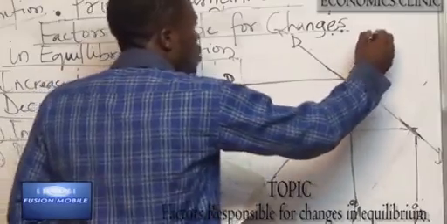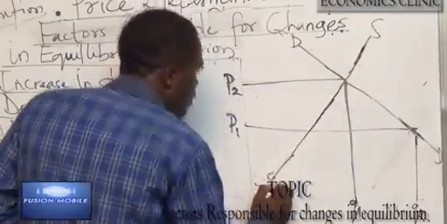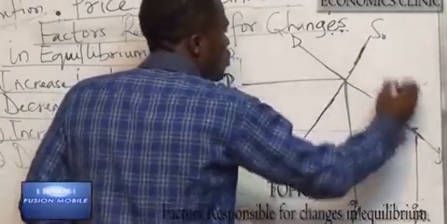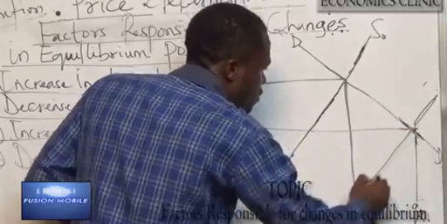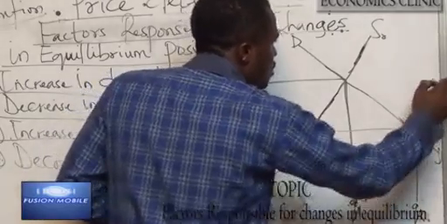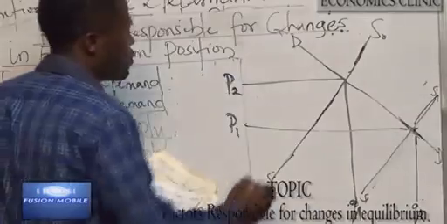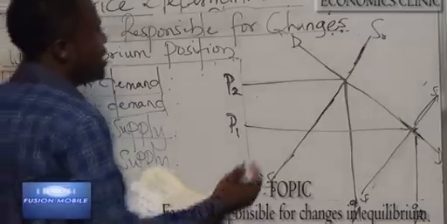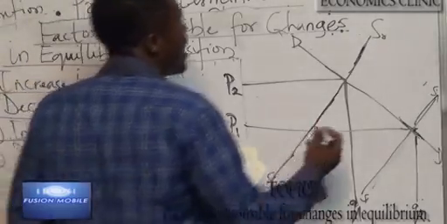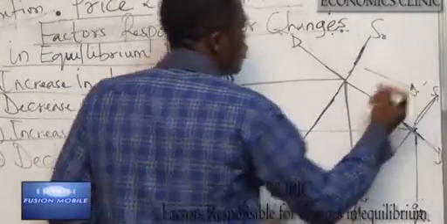So we have the supply curve X0, X0. We have another supply curve here, X1, X1. Now increase in supply is a bodily shift of supply outside from one position to the other.